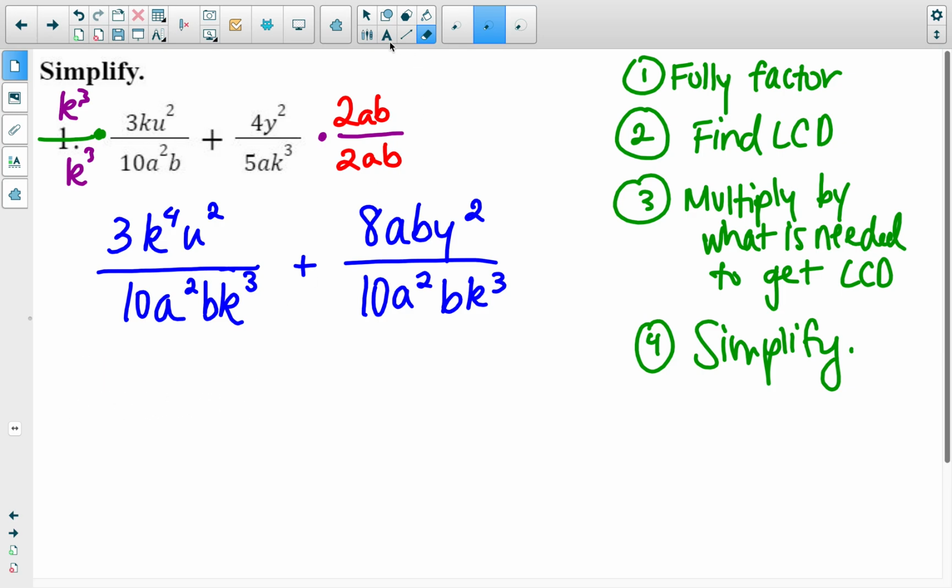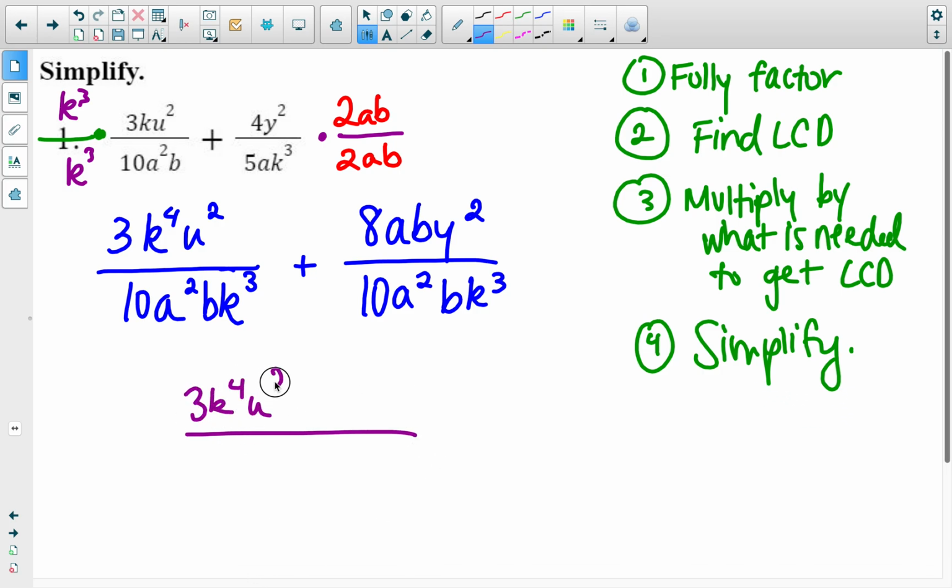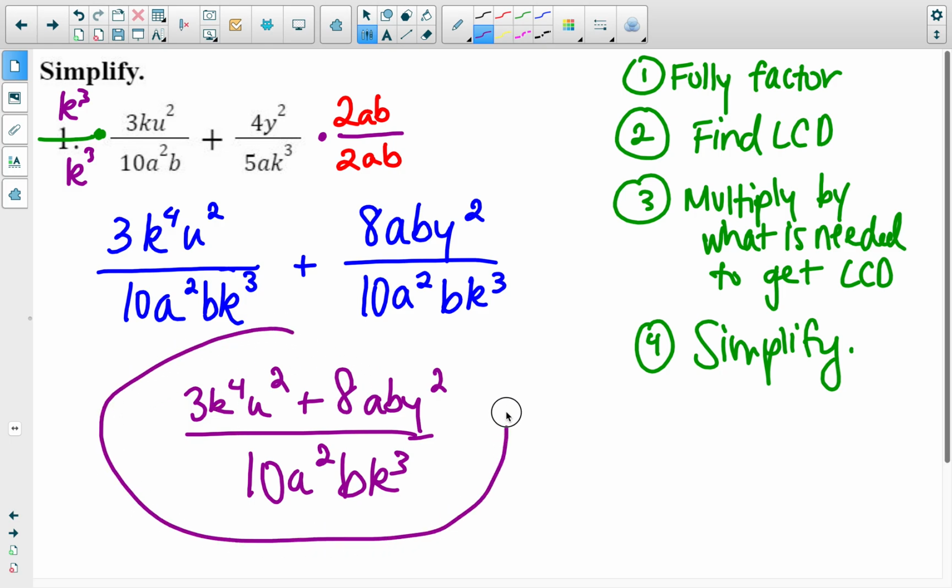Now we are going to simplify. Okay, so because these have the common denominator, we can write it over a single fraction bar. Okay, 3k to the fourth u squared plus 8aby squared all over our common denominator, 10a squared bk to the third. Can we combine our numerator at all? Can we factor anything out of our numerator? No, we can't, so we are done.